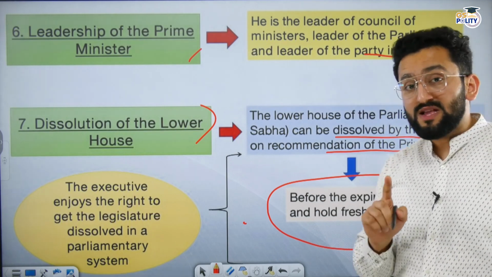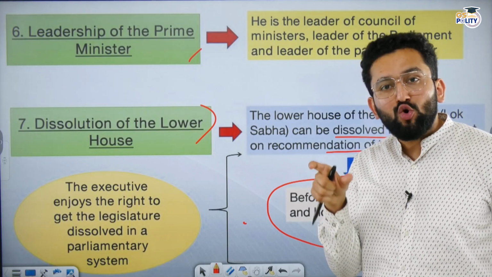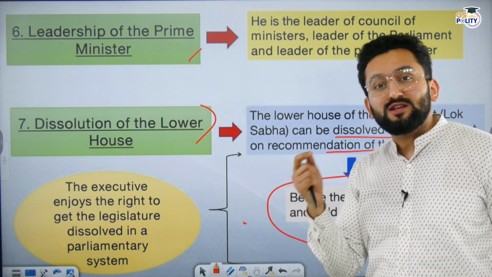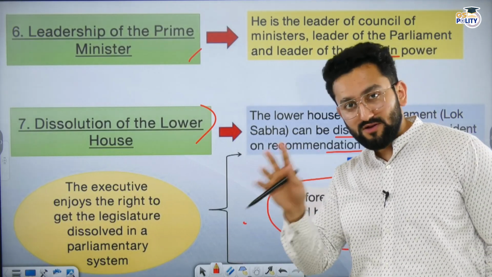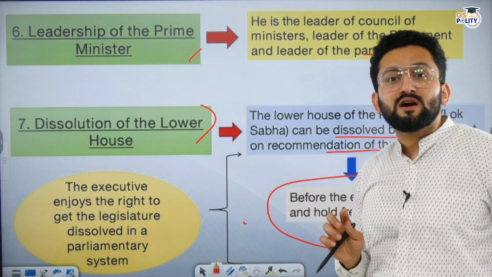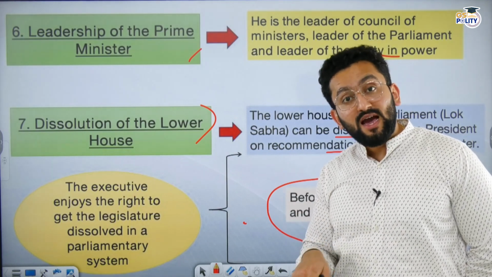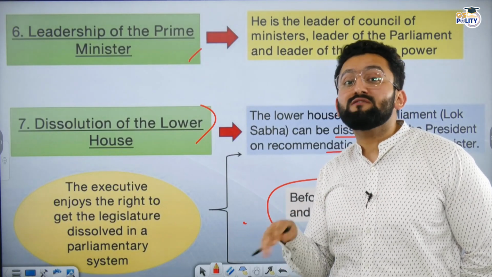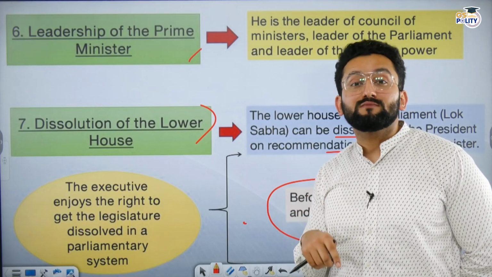Okay. And please remember, the word term can only be used with these members of the legislature, that is, a Lok Sabha MP has a term of 5 years. Lok Sabha has a term of 5 years. In case of Rajya Sabha, an MP has a tenure of 6 years, but Rajya Sabha does not have any term, because Rajya Sabha is a permanent house.